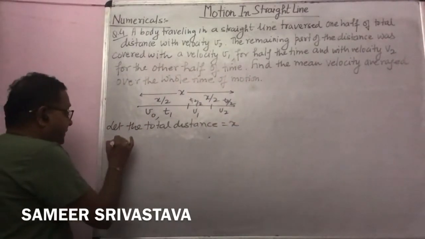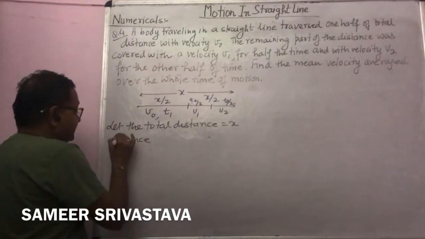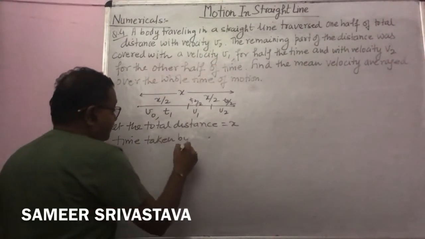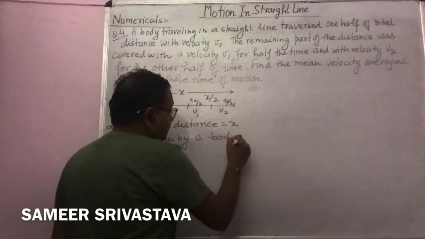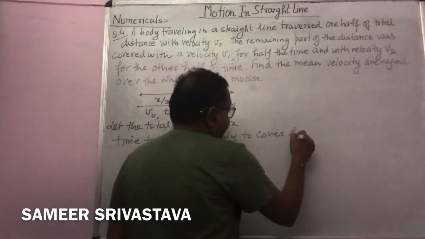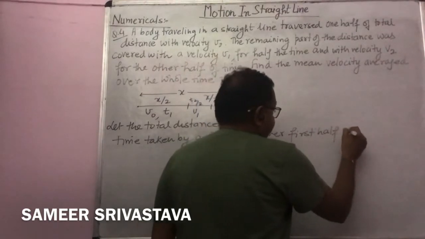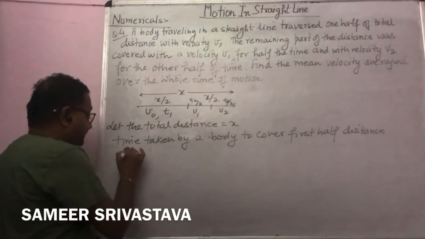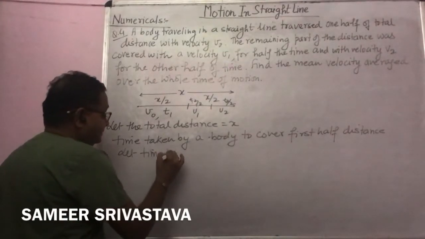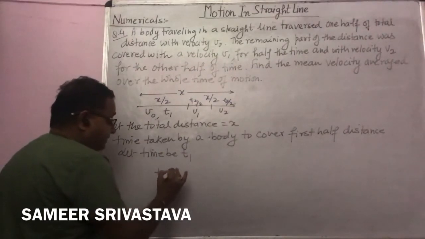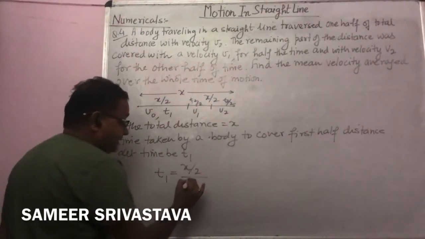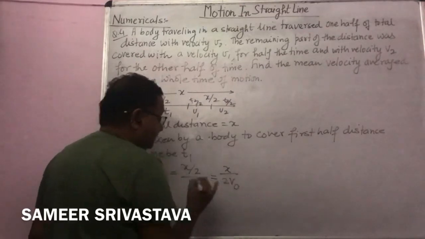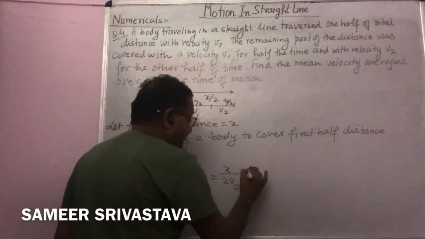Now the time taken by the body to cover the first half distance, let the time be t1. Okay, now we have to find t1 is equal to x by 2, half distance, with the velocity v0. So here we get t1 equal to x upon 2v0. Right student? Now this is equation number 1.